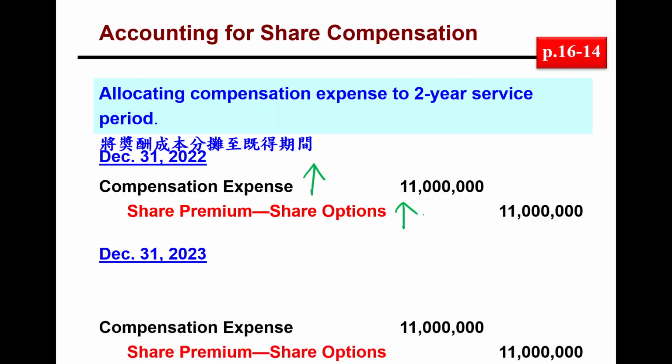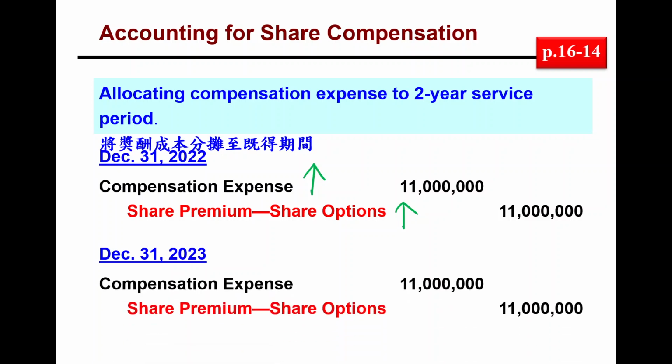So each year you have to allocate $11 million, right? Please go to your notes on page 35. Page 35 talks about the grant date and also the vesting date.